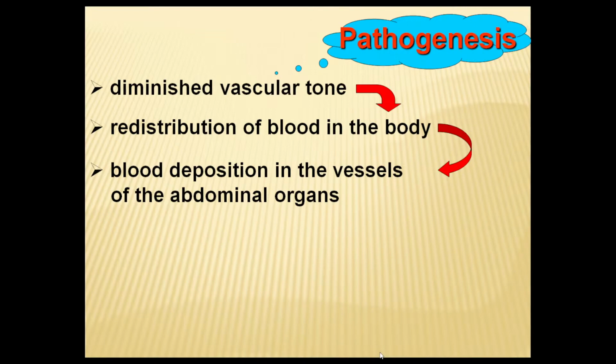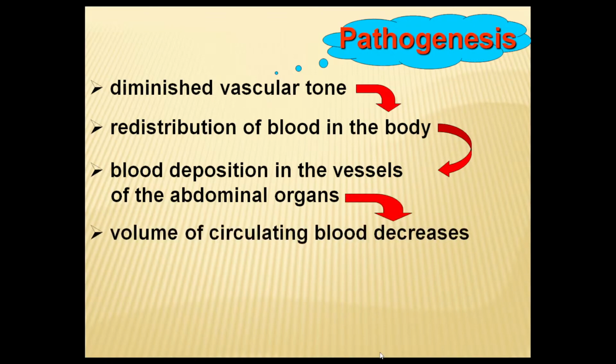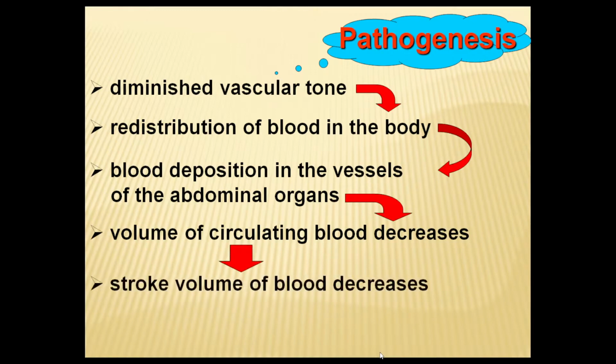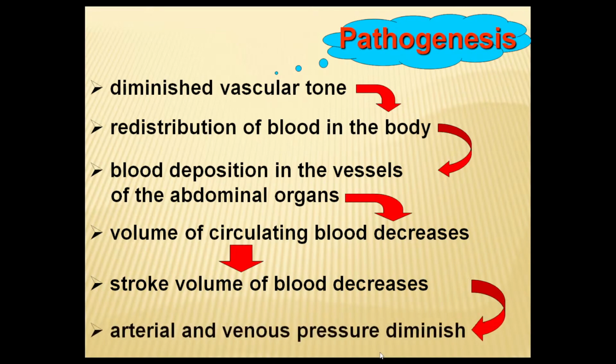Vessels of the central nervous system, of the brain, become empty. If the blood is delayed in peripheral vessels, it cannot adequately come back and cardiac output decreases. Volume of circulated blood also decreases. Stroke volume progressively decreases from one contraction to another. As a result, blood pressure, both arterial and venous, diminishes.